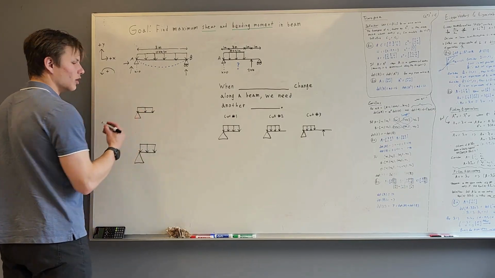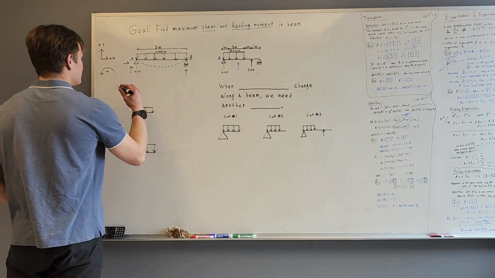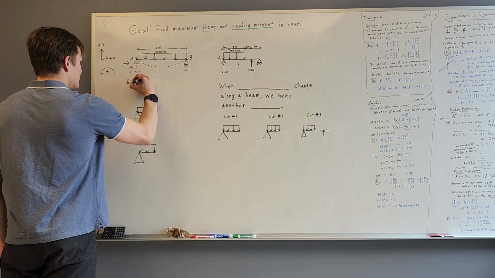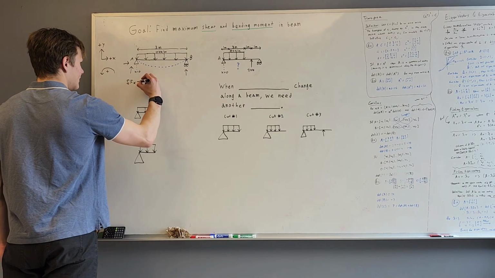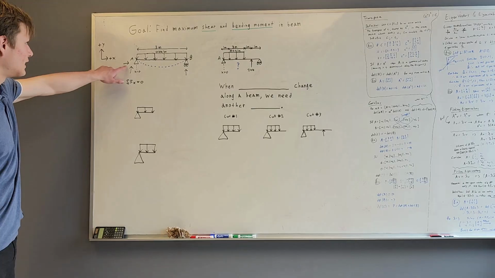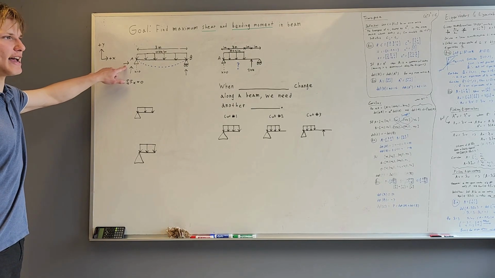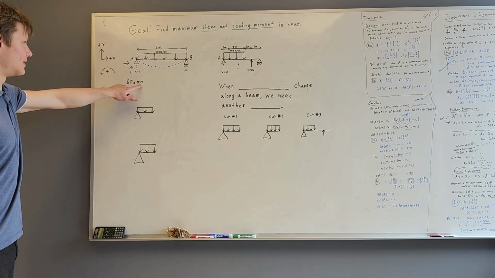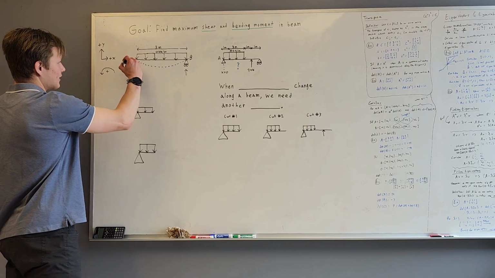To start, we'll apply the equations of equilibrium. So we know the sum of the forces in X is equal to 0, but it's really simple because we only have one force in the X, and we know all our forces must be 0, so we can just ignore this altogether.